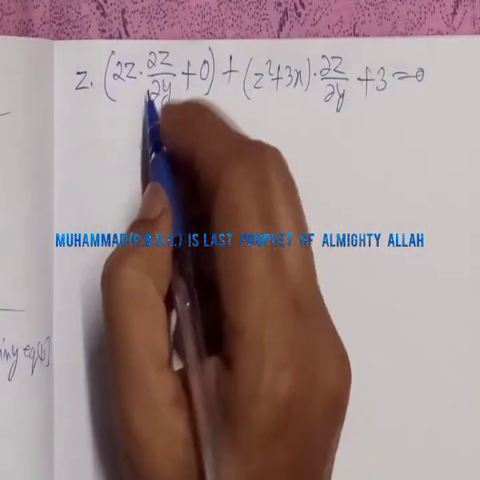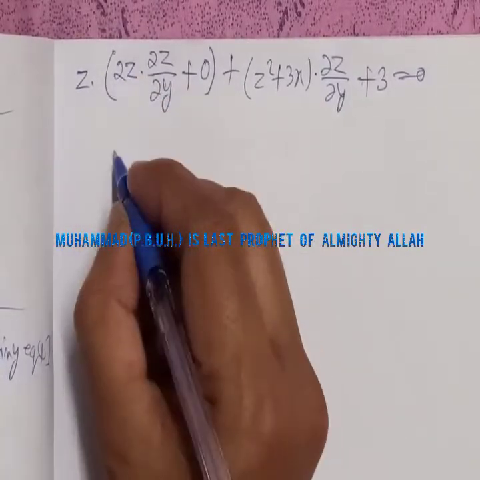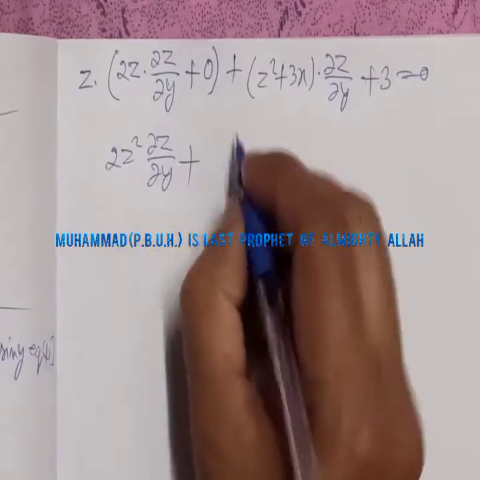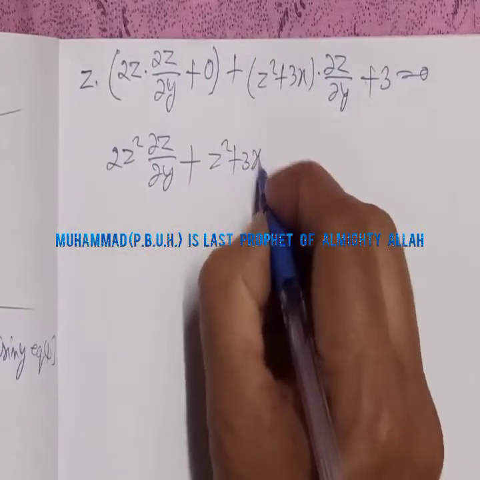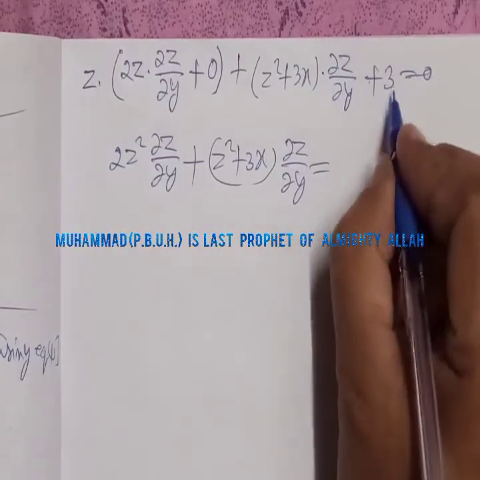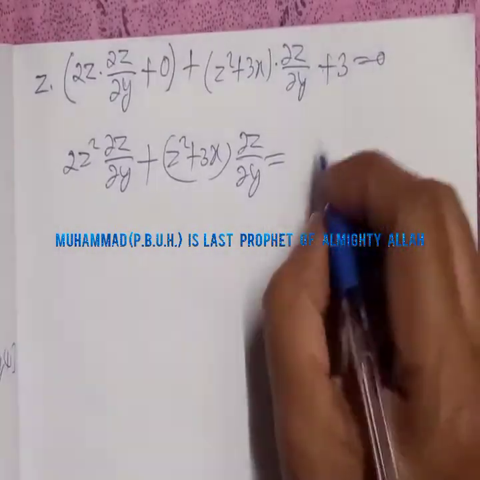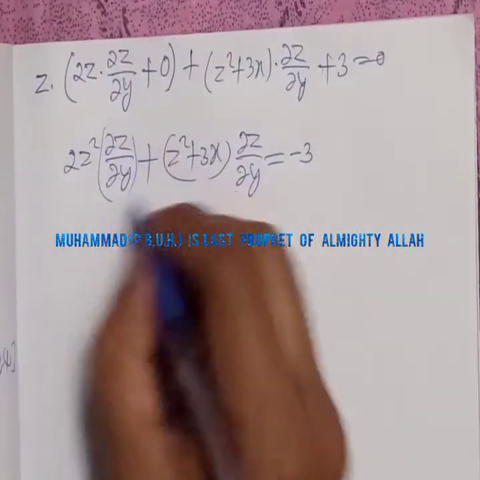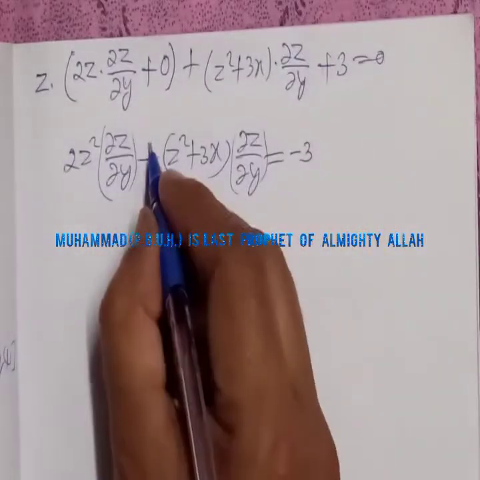Now open this bracket and multiply z to this term. We get 2z square del z over del y plus z square plus 3x del z over del y, and take minus 3 to right hand side, we get minus 3. And also this is common to both terms.